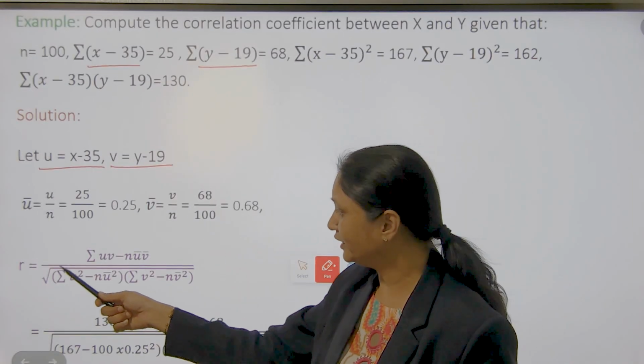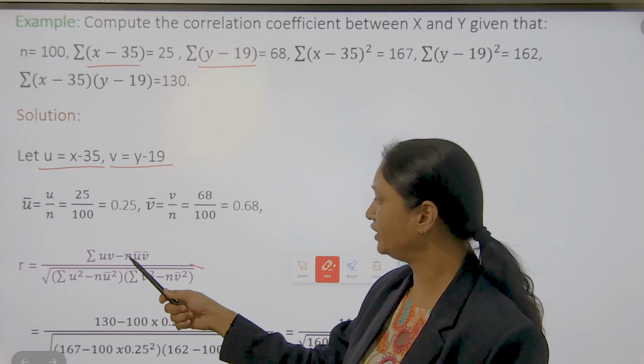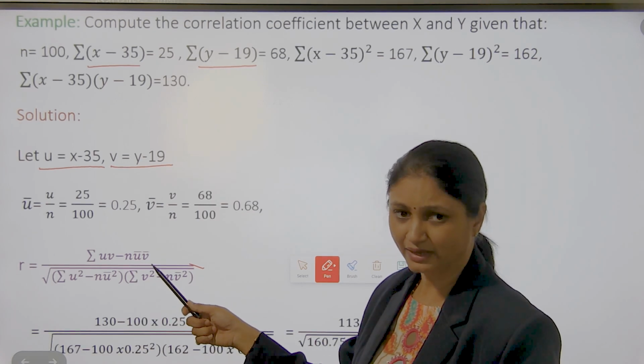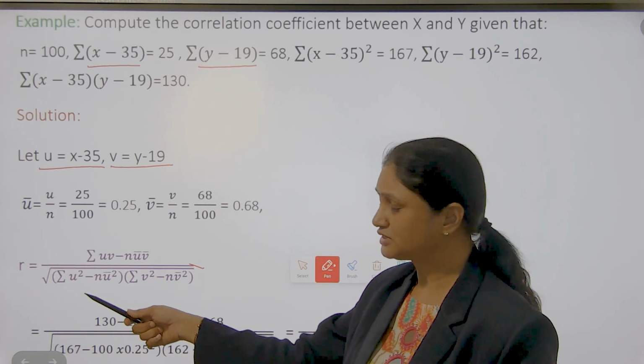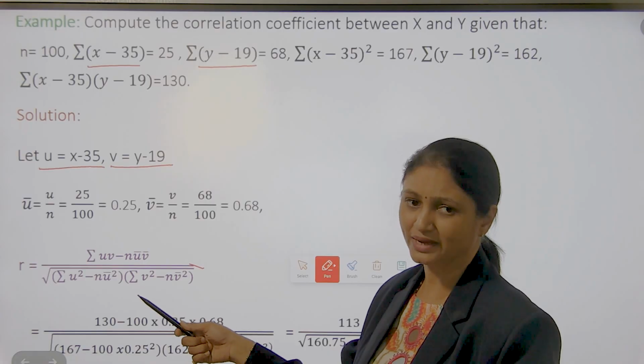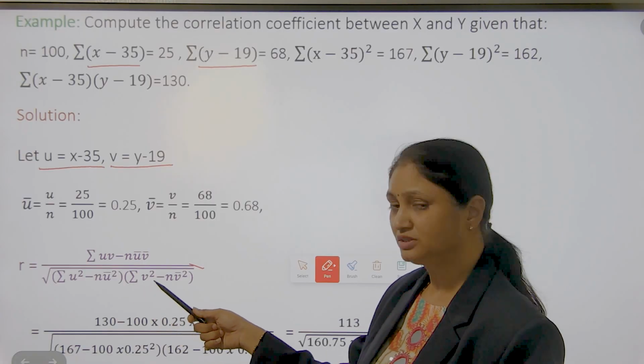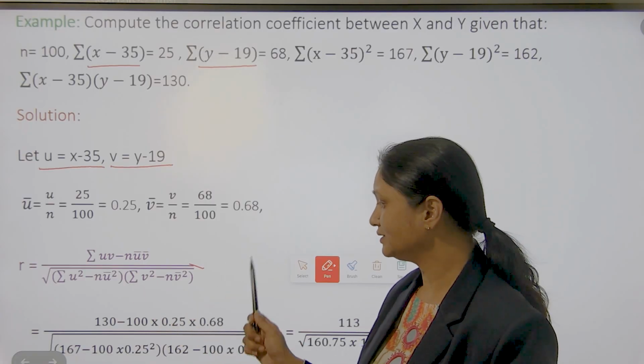So r is calculated using this formula: summation uv minus n into u bar v bar upon square root of summation u square minus n into u bar square into summation v square minus n into v bar square.